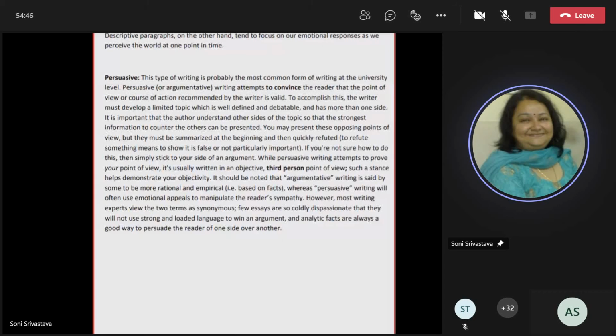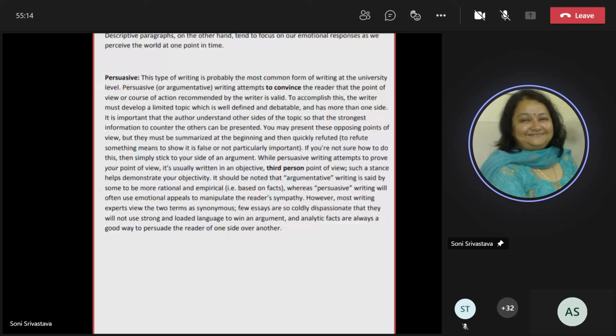Few essays are so coldly dispassionate that they will not use strong and loaded language to win an argument. And analytical facts are always a good way to persuade the reader of one side over another. So in simple words, it is basically getting your point of view across to somebody else, or convincing the reader of something that you have written.